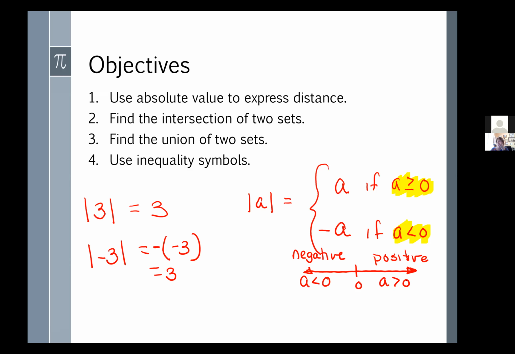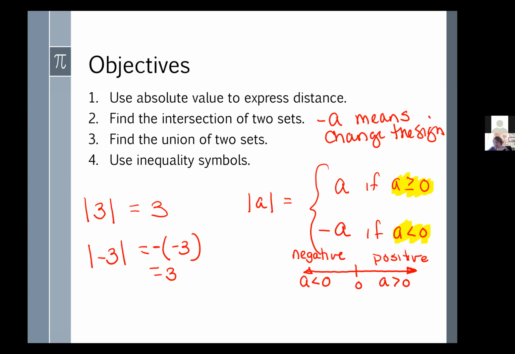So an absolute value of a positive number is just that number. But the absolute value of a negative number, we have to change its sign. And that's what the negative in front of the A means. So if it's a negative number, we find the absolute value by changing the sign of that negative number. We make it positive, if you will.